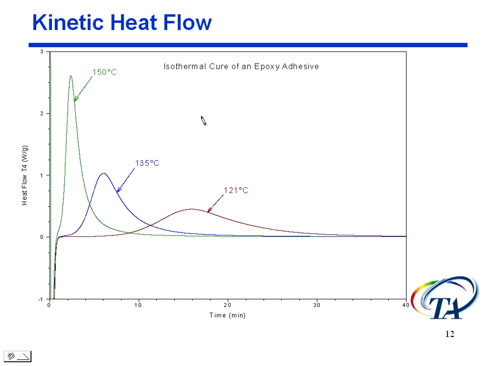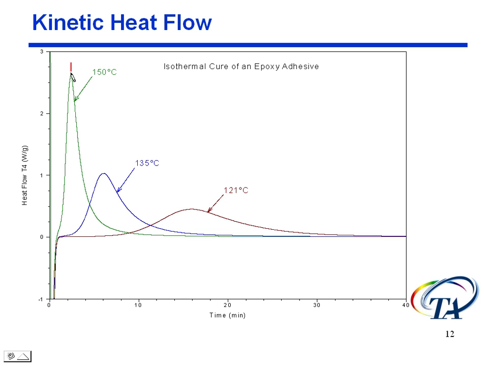This is an isothermal cure of a high-temperature set epoxy, done at 3 different temperatures. At 150 degrees, within a couple minutes we see the peak occur here. It gives off heat quickly, and then goes back down to baseline.